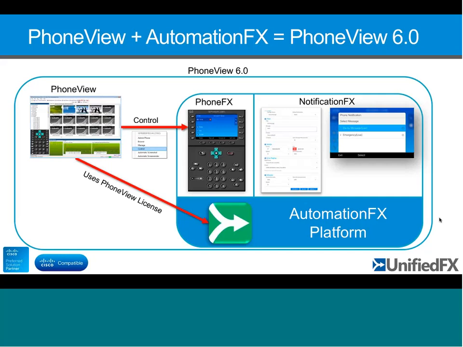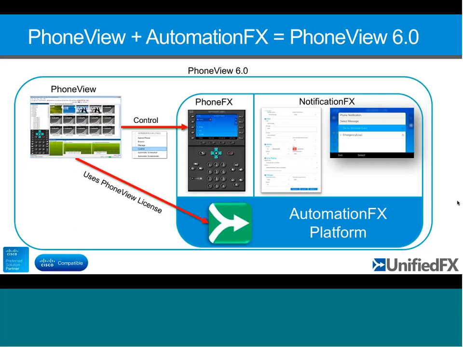What it also does, because it's on the same machine, is AutomationFX uses PhoneView's license information. Normally, if you take AutomationFX from us, it's part of a MigrationFX license key, and that would unlock MigrationFX functionality on the AutomationFX software. You install it through the web interface and things like that.